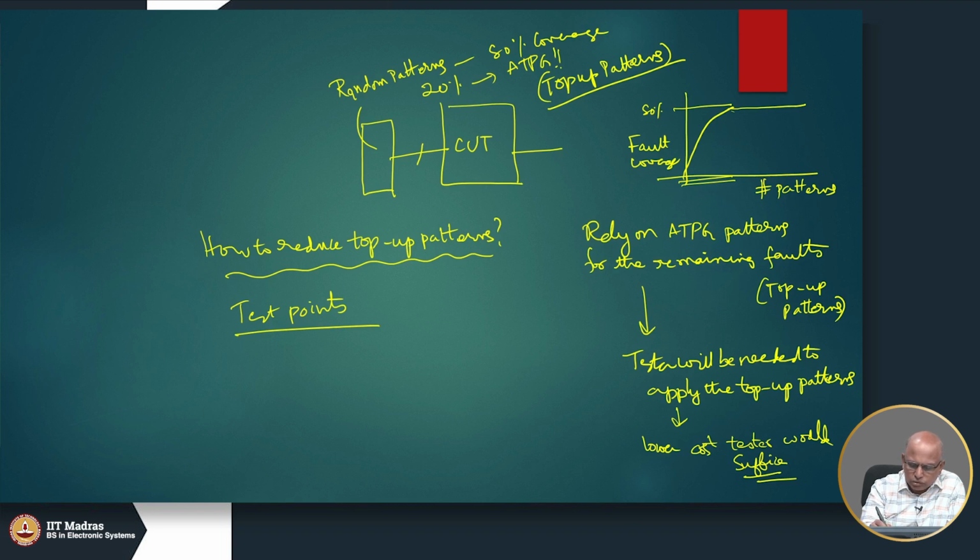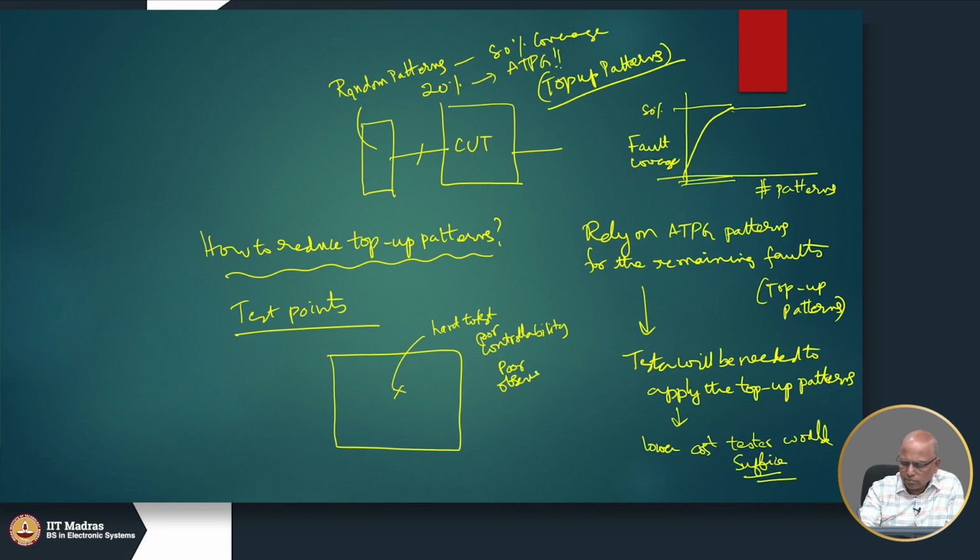If I have a circuit under test, some points or some faults are hard to test because they have poor controllability or poor observability, or both.